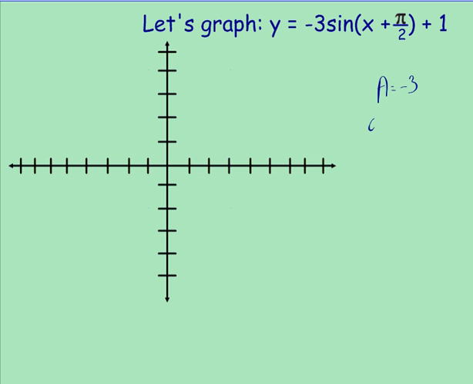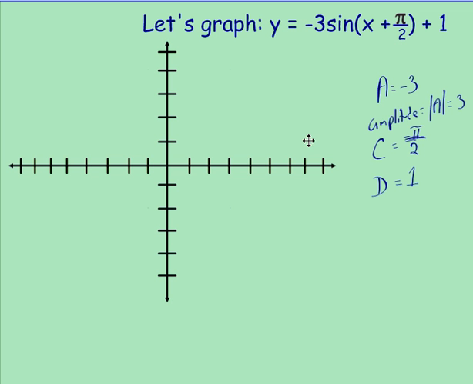Our amplitude is +3, or the absolute value of A. Okay, our C value is always opposite of what we see in the equation. So it is -pi/2. Again, that is our starting point, or our starting value. And our D value is +1.